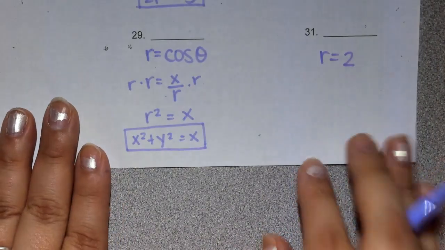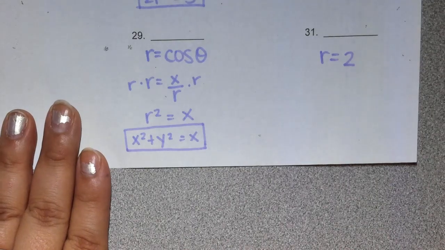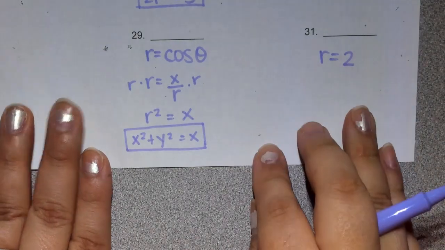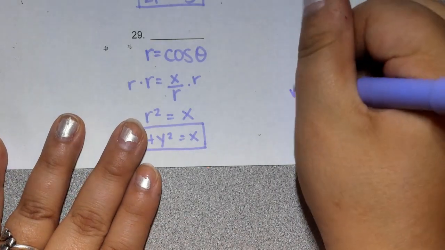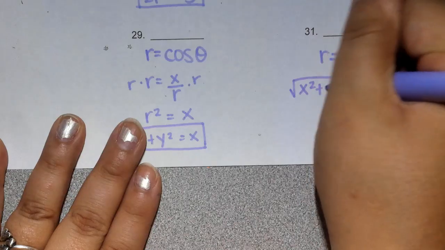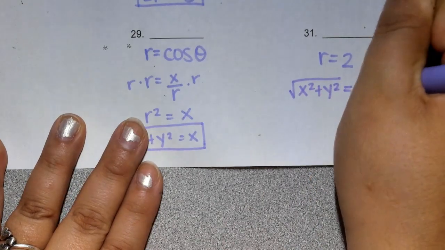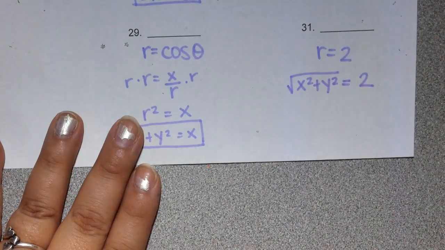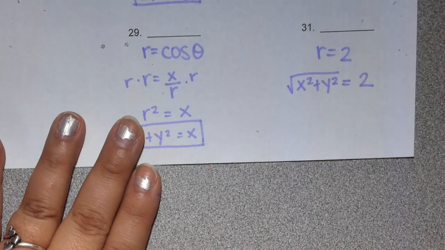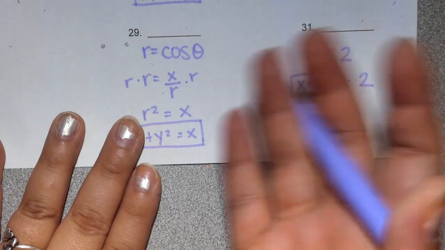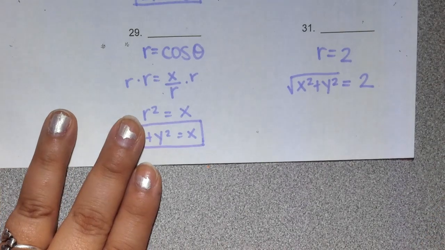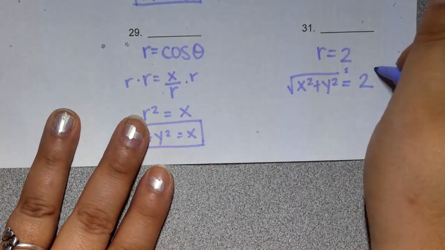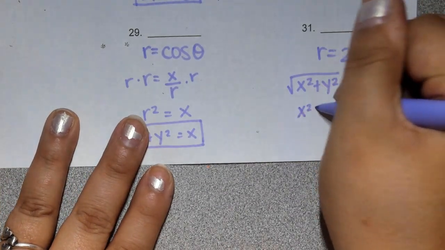Alright, last one I'm going to do with you. 31. R equals 2. What you got for me? The square root of x squared plus y squared equals 2. If I'm being honest, did you get rid of r and theta? You're technically done. But I do like the idea of you squaring both sides.